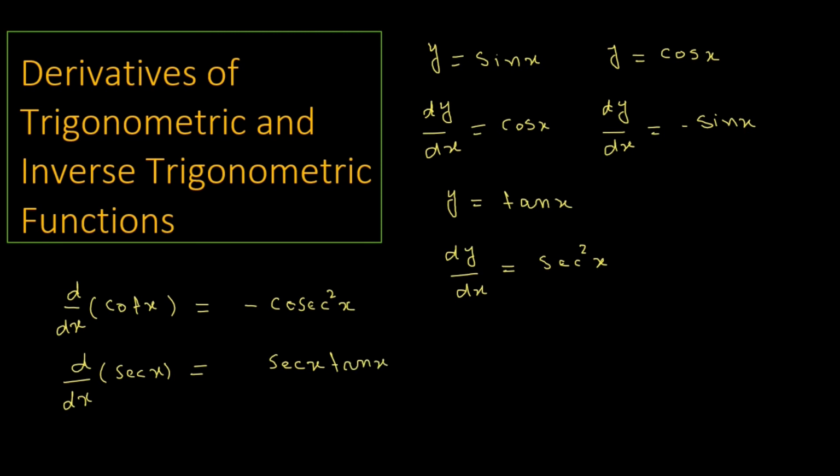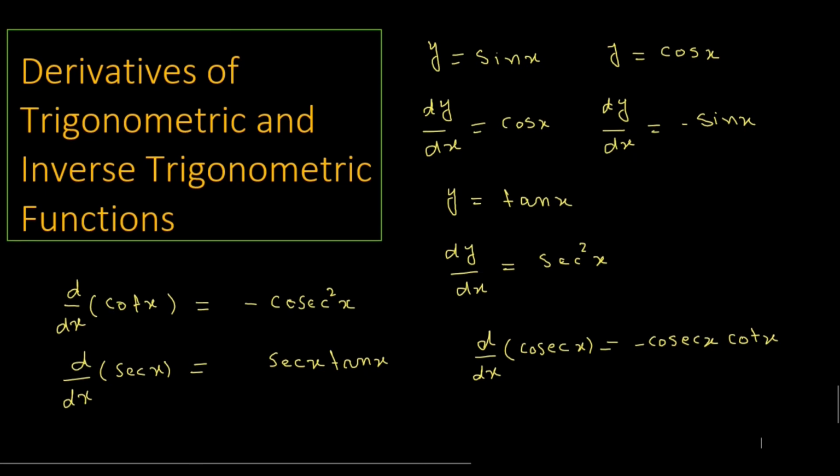In the similar way, the derivative of cosecant x, d by dx of cosecant x, will be minus cosecant x cot x. Okay, so there are some trigonometric formulas that should be discussed over here.